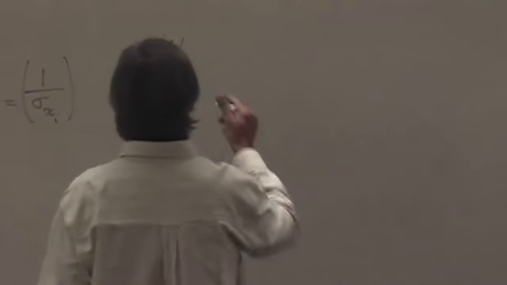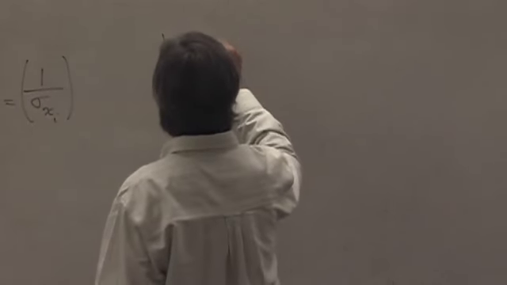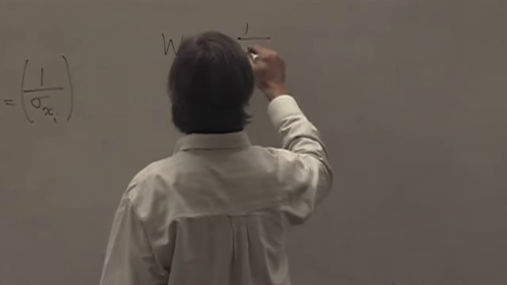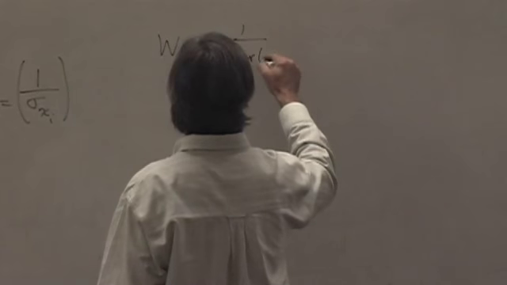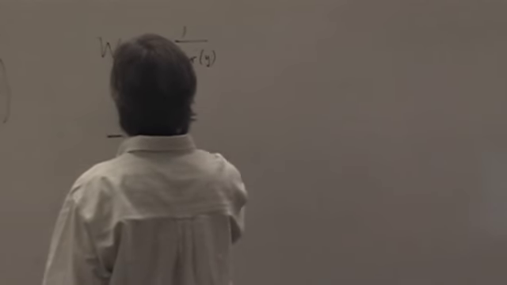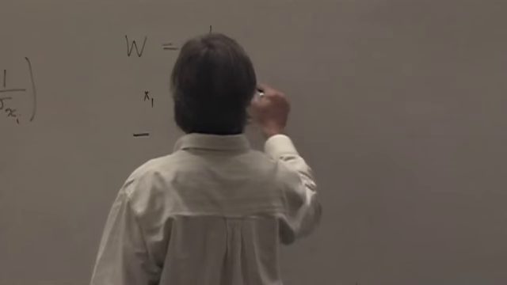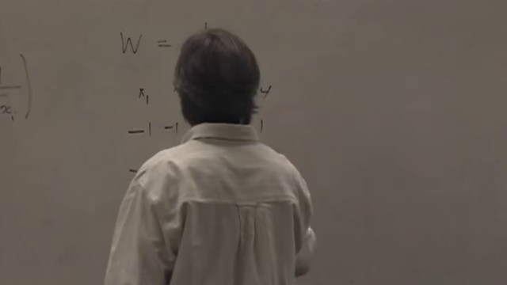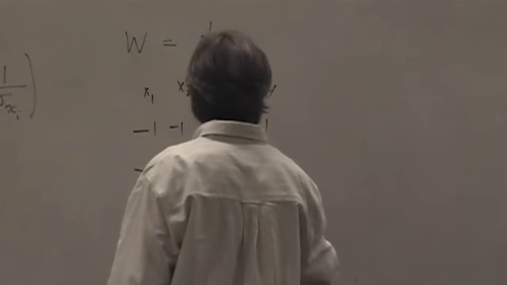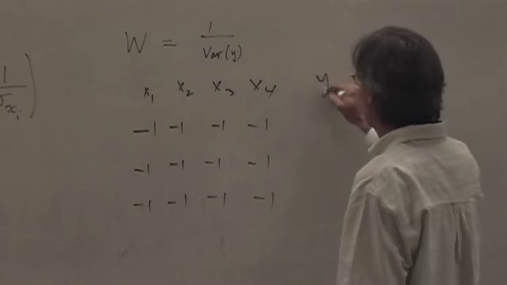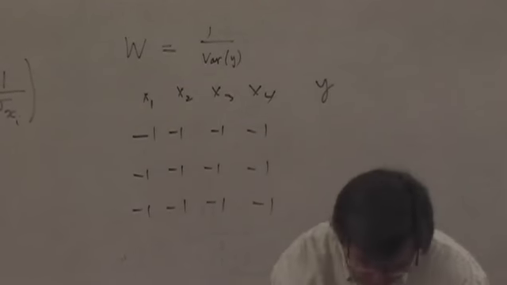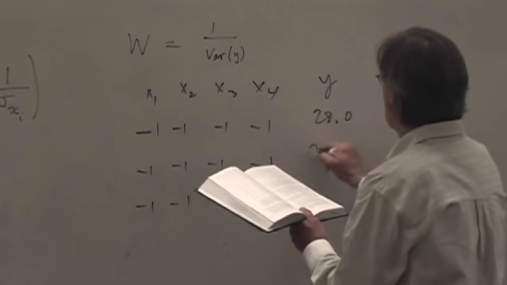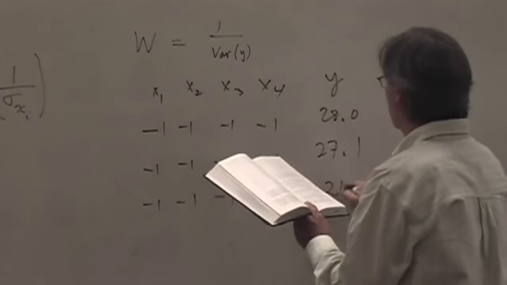So in other words, the weight W is equal to 1 over the variance of y. I've got x1, x2, x3, and x4, and then I've got my y values, which were 28.0, 27.1, and 26.2.